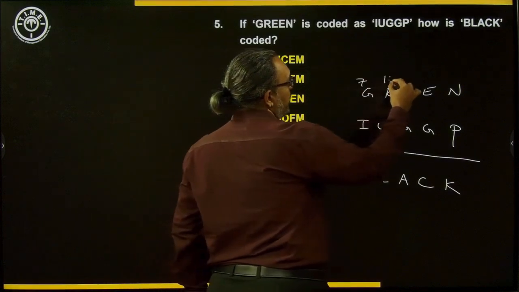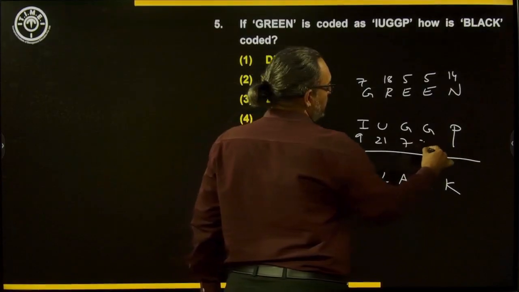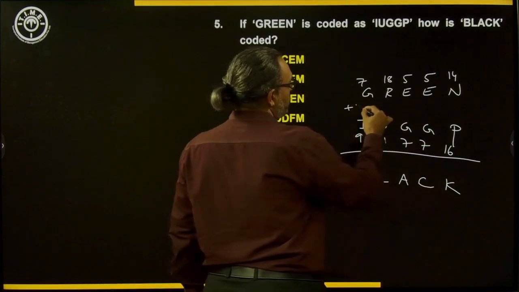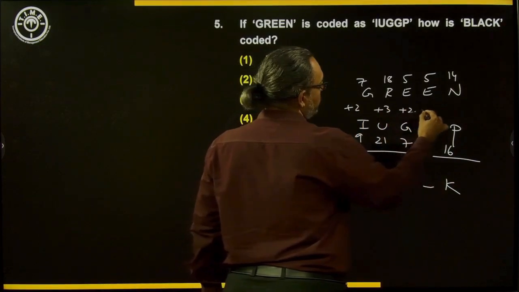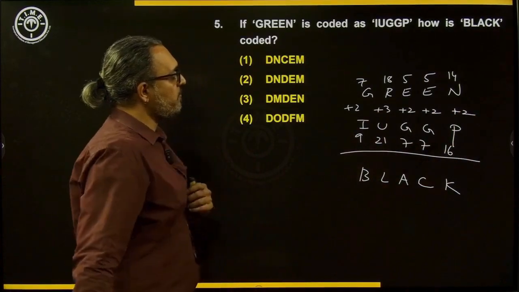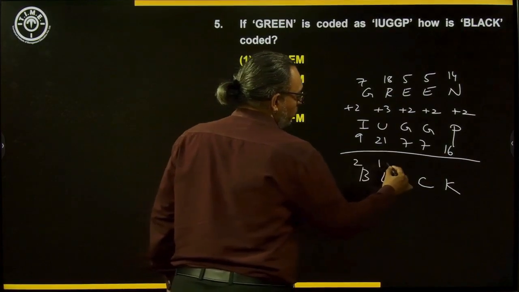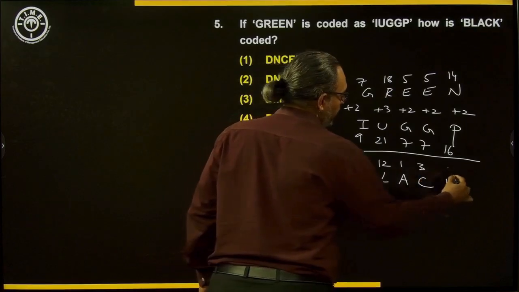So we have 7, 18, 5, 5, 14. This is 9, 21, 7, 7, 16. So we have +2, this is +3, +2, +2, +2. Correct? So if I do that, 2, 12, 1, 3, 11.